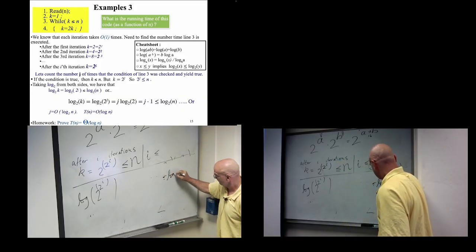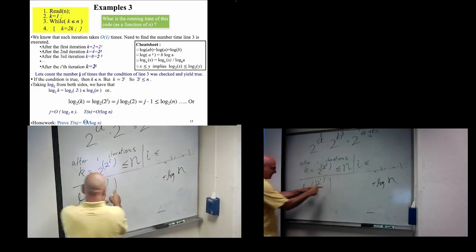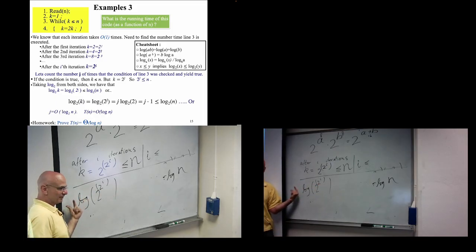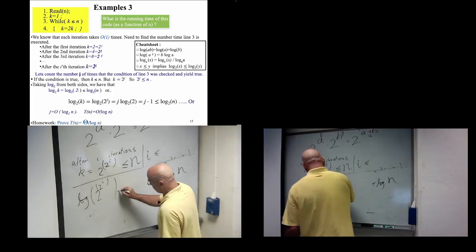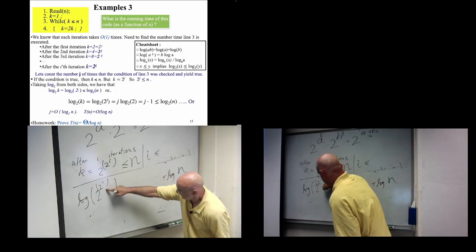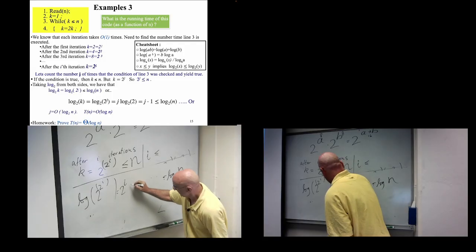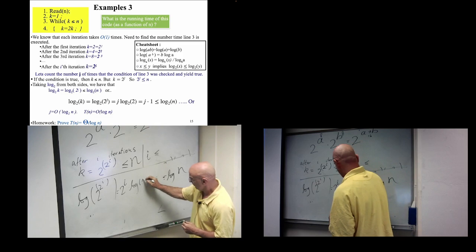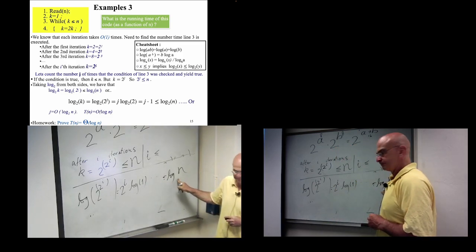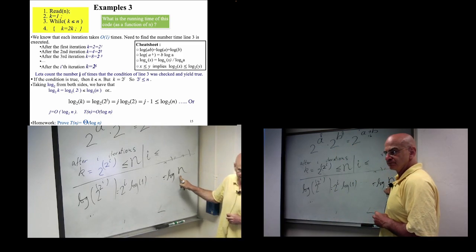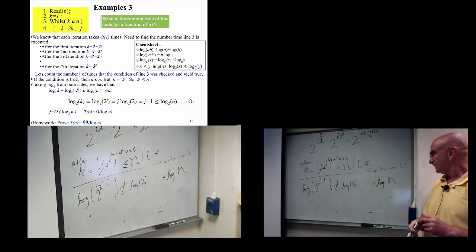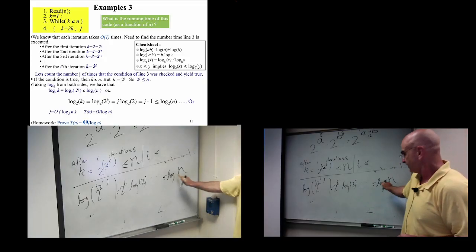But this number is not i times 1, as we have right here. I still take the exponent and write it before, so I'm getting 2 to the i times log of 2 is smaller than log n.